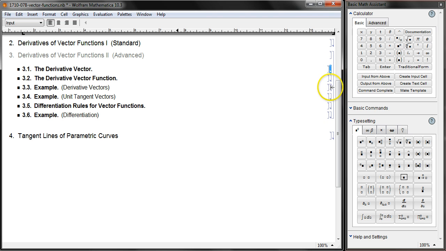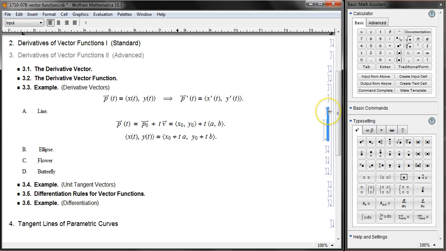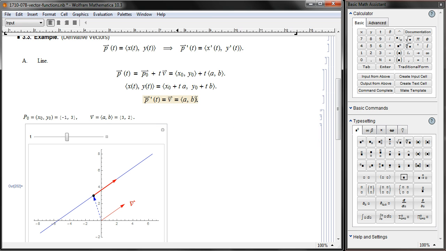Here are more visualizations associated with those, and this one is the simplest example, the line. Here's my function. If you take the derivative, what happens? x0 is constant, so that'll drop out, and the derivative will be the derivative of ta. That's just a, isn't it? Same here, the derivative is b. So we get a comma b.